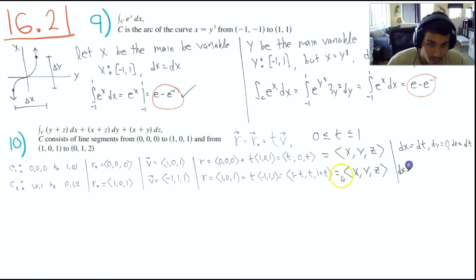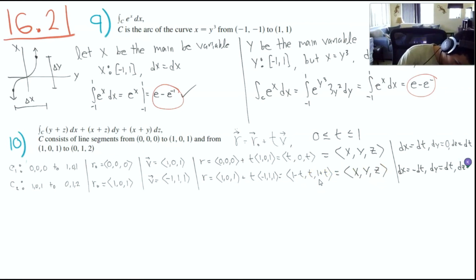If x is 1 minus t, then dx is negative dt in this case. If y is equal to t, then dy is equal to dt. And if z is equal to 1 plus t, then dz is equal to dt.